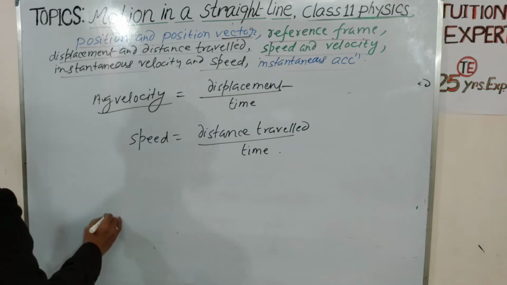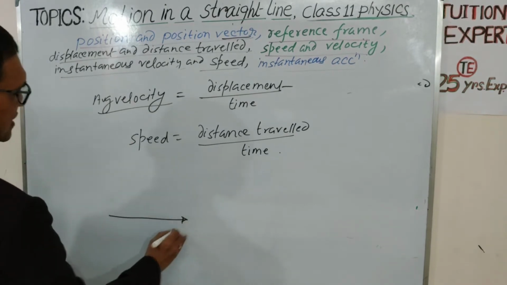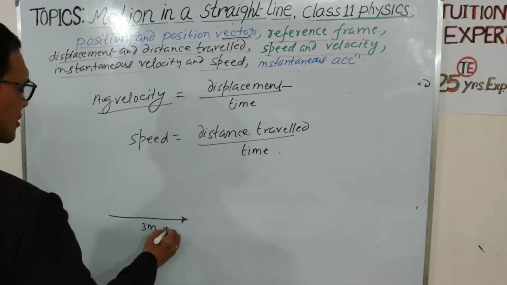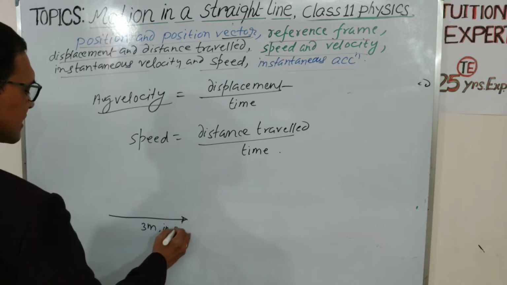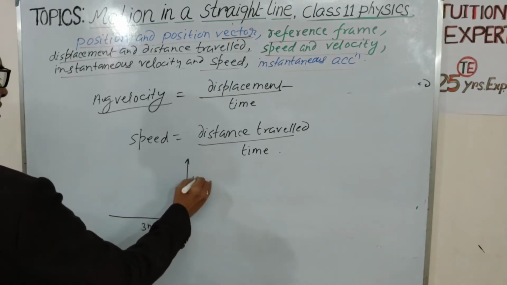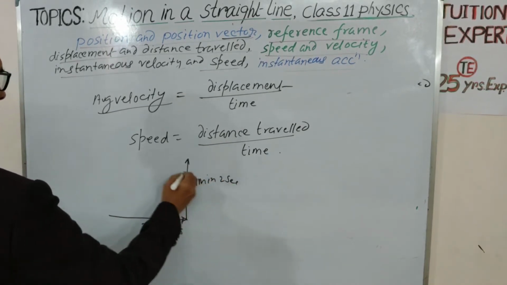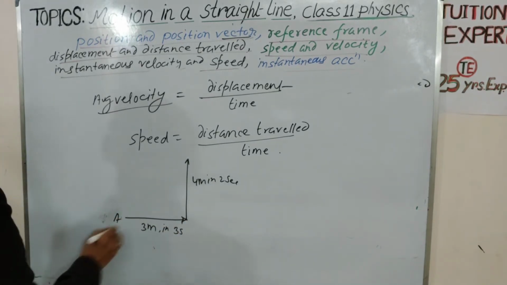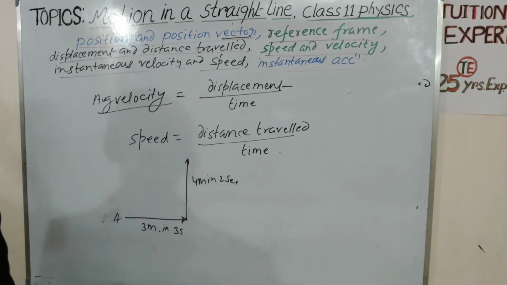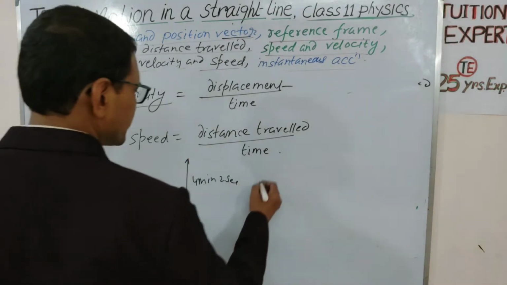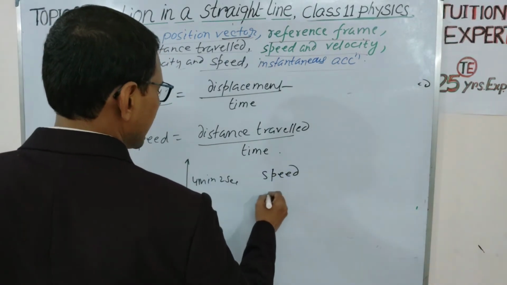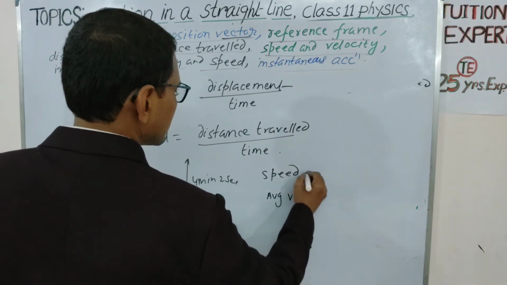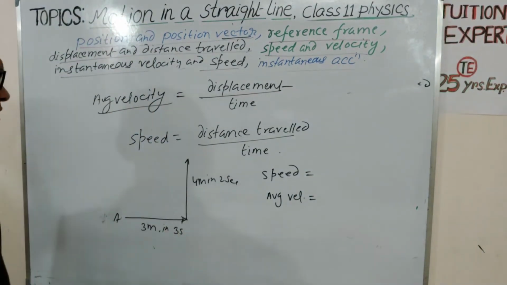Suppose a particle, body, or person moves in this direction 3 meters in 3 seconds and 4 meters in 2 seconds. What are the speed and average velocity? Speed equals distance traveled by time.